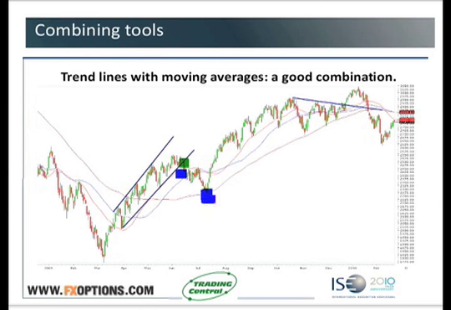So on the second pattern, we had a bearish trend line. The index has broken above this bearish trend line. We had bullish acceleration, but afterwards the market started to consolidate, and the index has broken below this former bearish trend line.